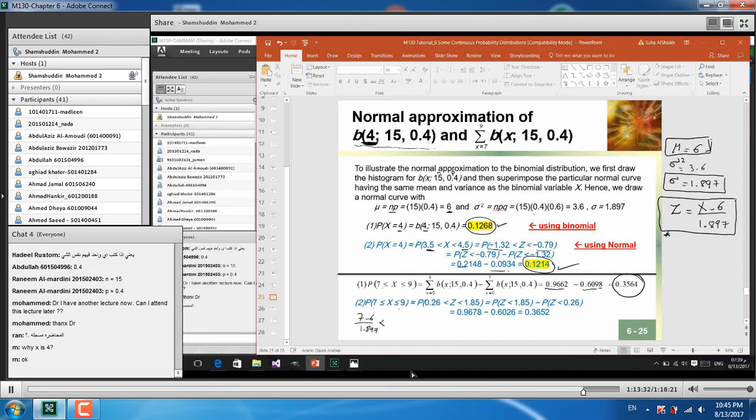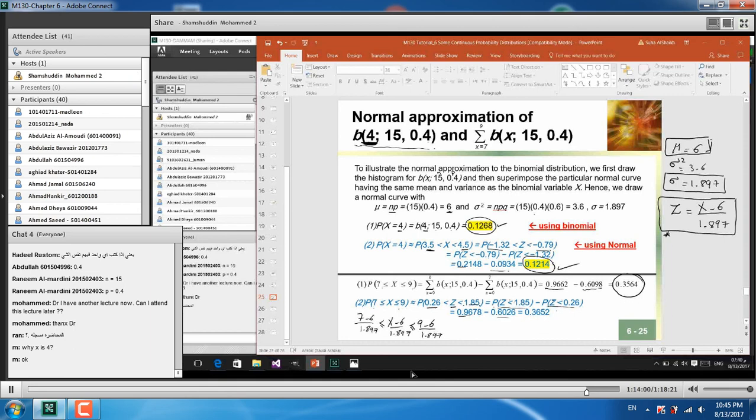1.897 less than or equal to x minus 6 over 1.897 less than or equal to 9 minus 6 over 1.897. This will give you the z. So 0.26, 1.85, cut this into 2 less-than probabilities.